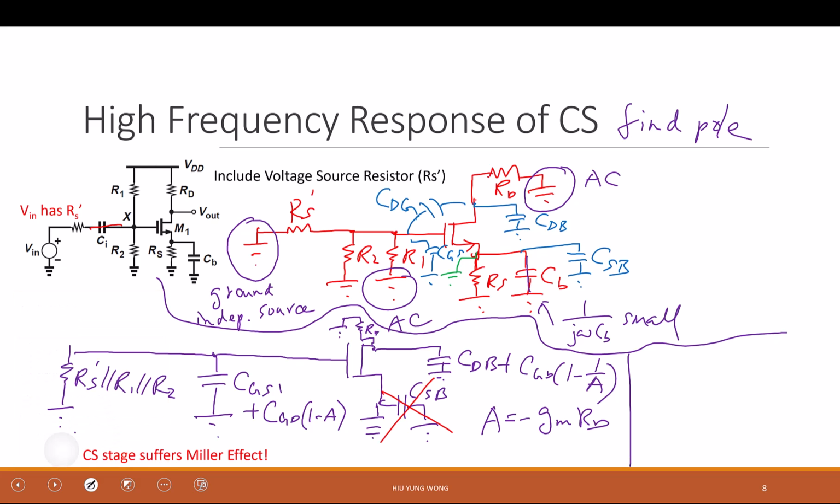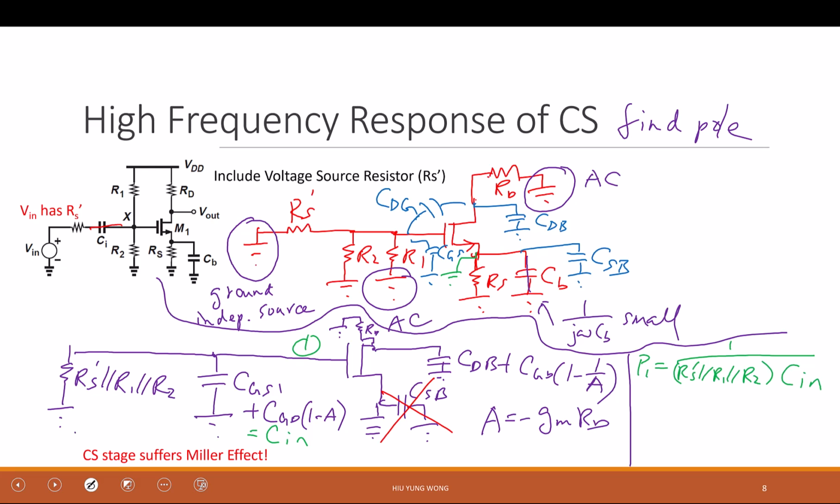Let's find the pole. P1, what is the P1? It's 1 over RC, right? But R is just RS dash parallel R1 parallel R2, times, let me just call this Cin. That is pretty long, so I don't want to copy. Is this okay?